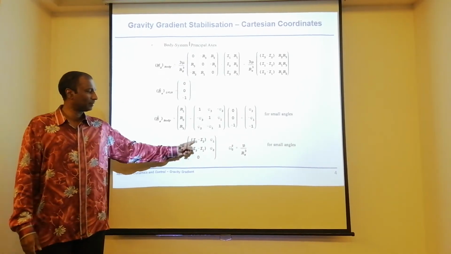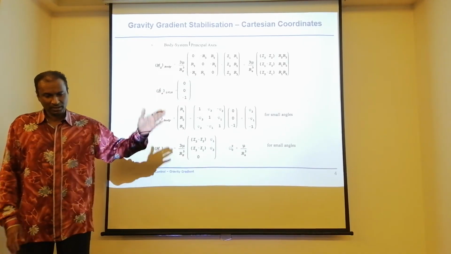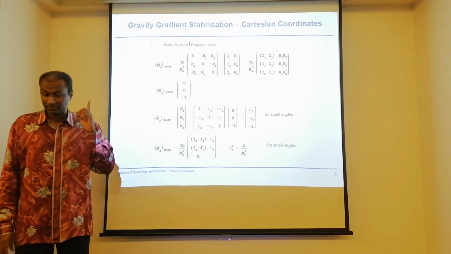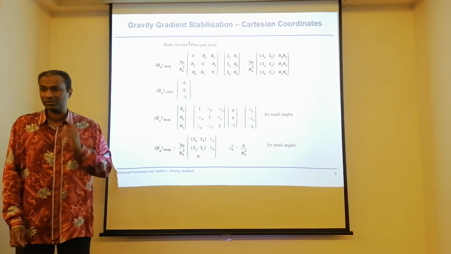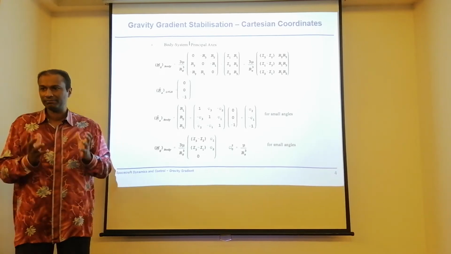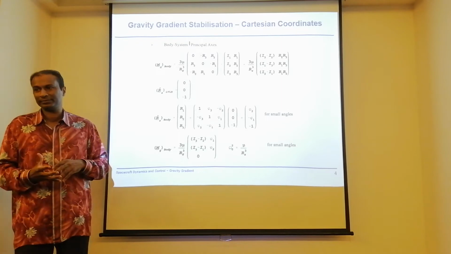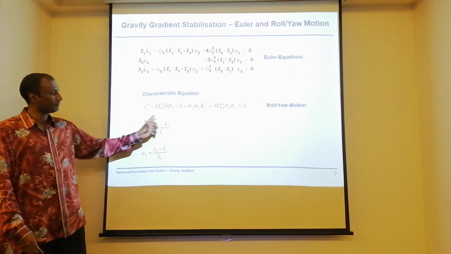But can you make a satellite which has the inertia of x-axis, y-axis, z-axis, in the principal axes Ixx, Iyy, Izz, all the same? No, we can't. We can try, but we can't.